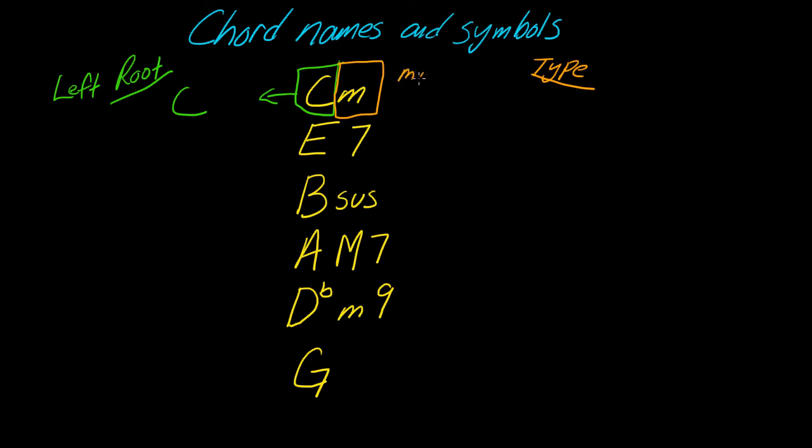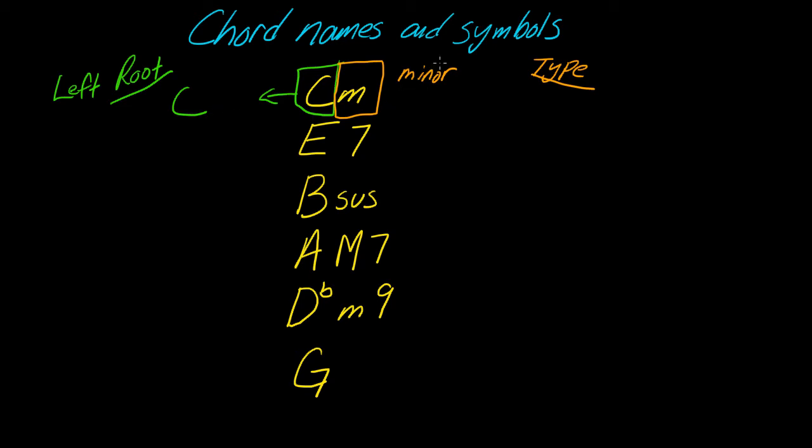I'm not going to go into detail about what notes a minor consists of. You can find that on Wikipedia if you look up chord names and symbols. It'll tell you all the different types of chords and what notes you add. But for this example, a minor means you add a flat 3 and a 5 to whatever the root note is.